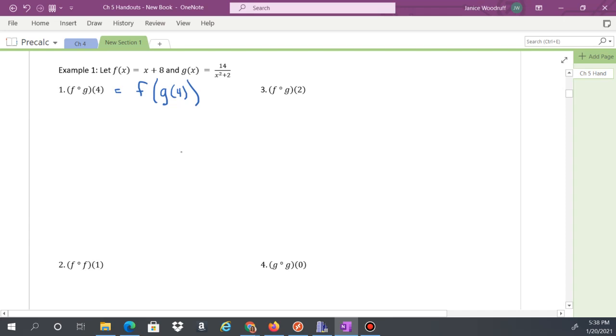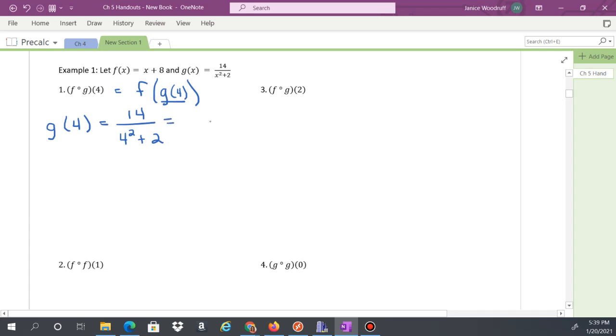When you're given a number value, start from the inside. So you're going to start by finding g of 4. That means you go to the g of x function, 14 over x squared plus 2, and plug a 4 in for that x. So that's 14 over 4 squared plus 2.